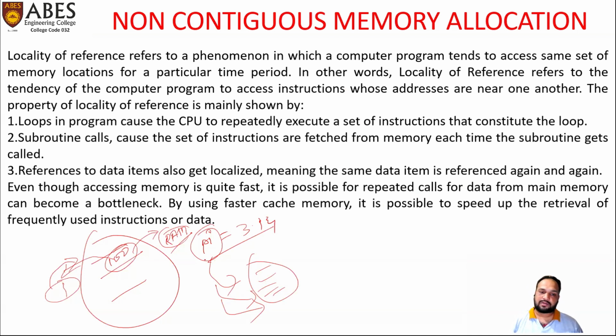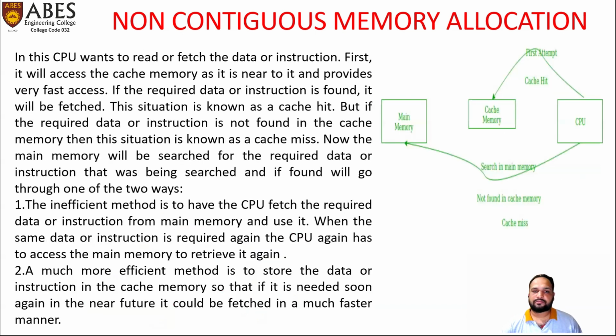If that pi is stored in a particular location in the RAM, it will be referred to again and again, and the CPU has to search for that data and fetch it, and based on the data it will perform calculations and produce results. All such happenings affect easier access and create a time gap. So to avoid such problems, we have to apply locality of reference.